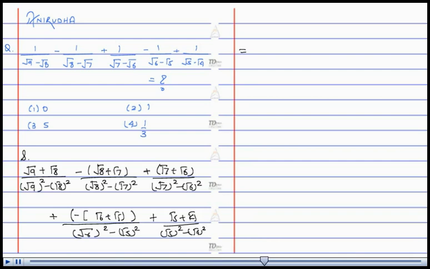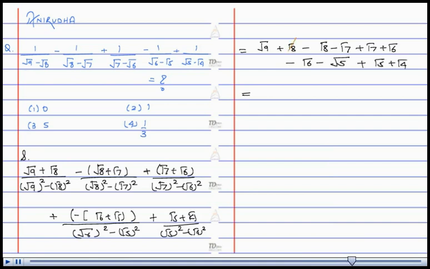Now in the above expression, we can see that each of the denominators is 1. That is 9 minus 8 is 1, 8 minus 7 is 1, 7 minus 6 is 1, 6 minus 5 is 1, and 5 minus 4 is 1. Therefore, the above expression can be simply written as root 9 plus root 8 minus root 8 minus root 7 plus root 7 plus root 6 minus root 6 minus root 5 plus root 5 plus root 4.